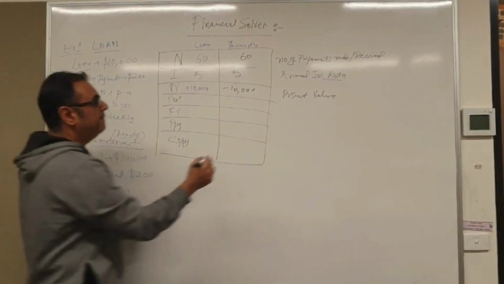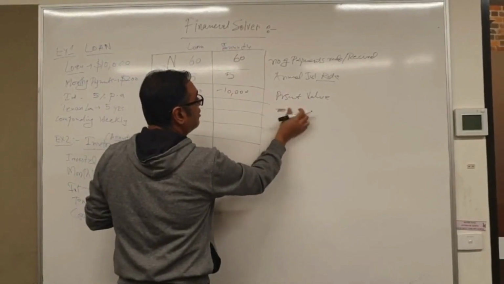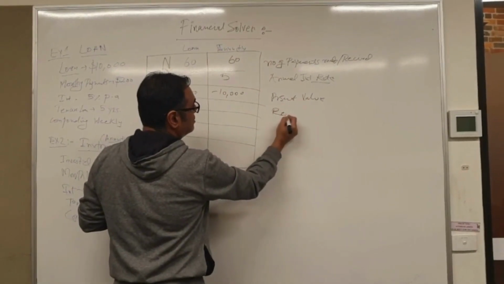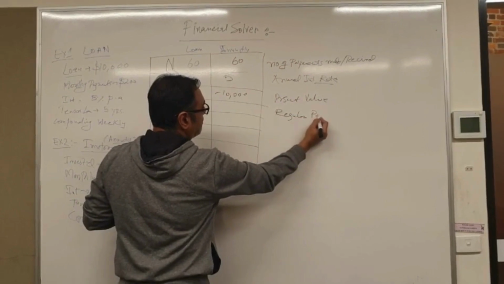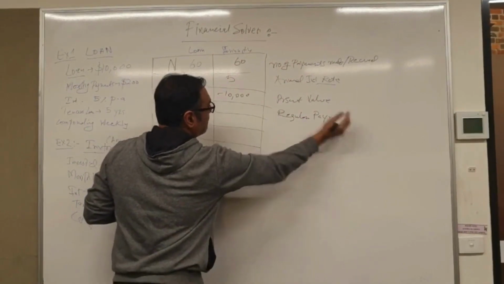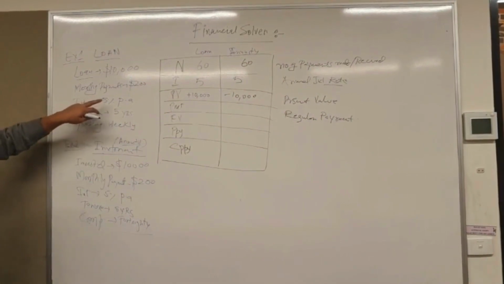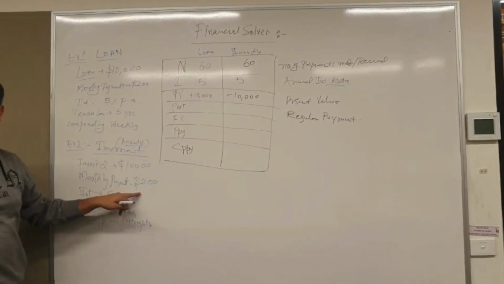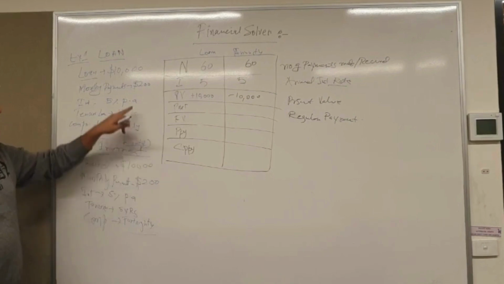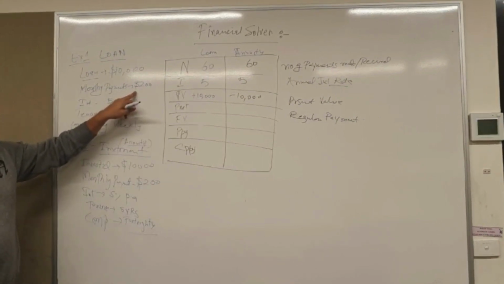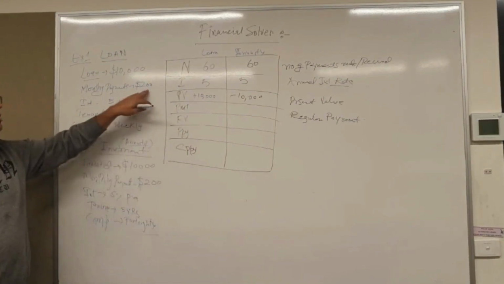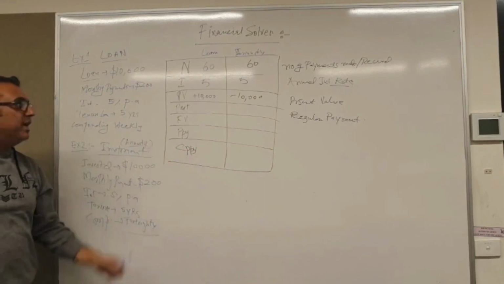PMT is the monthly or regular payment. What's the regular payment involved here? $200. For the loan, you are repaying it, so this $200 goes out of your bank account every month.